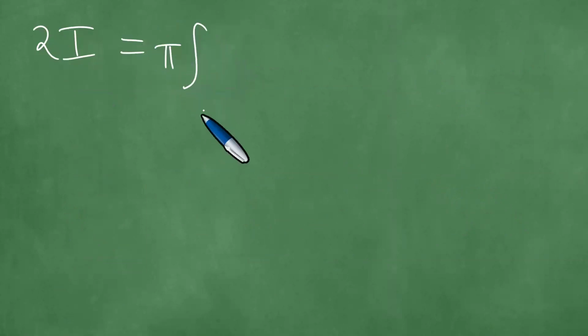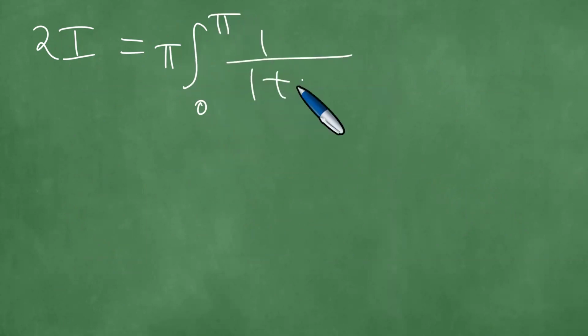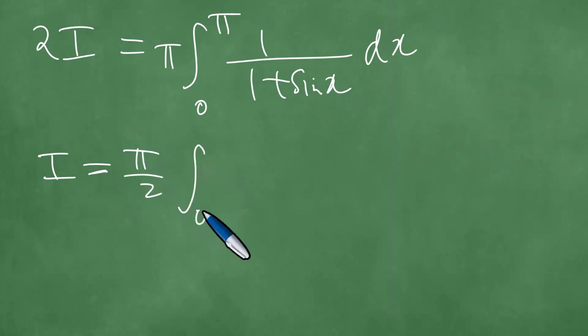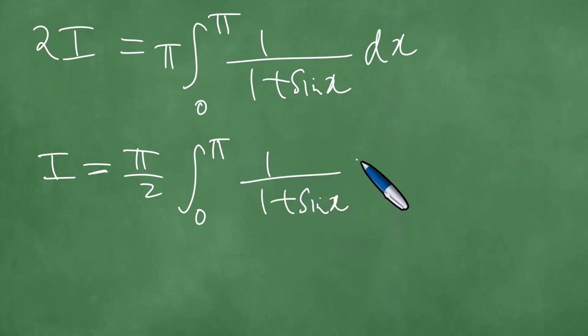So that we have twice I equals pi times the integral from 0 to pi of 1 over 1 plus sine x dx. We divide by 2, or multiply by 1/2, both left and right, getting I equals pi over 2 times the integral of 1 over 1 plus sine x dx.